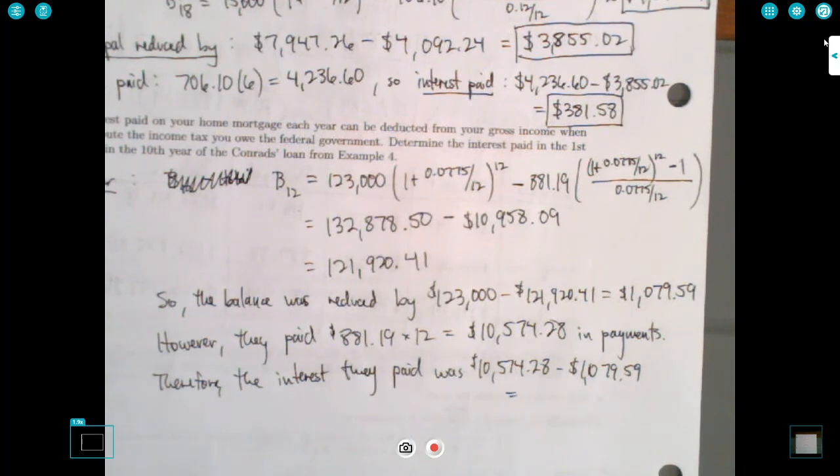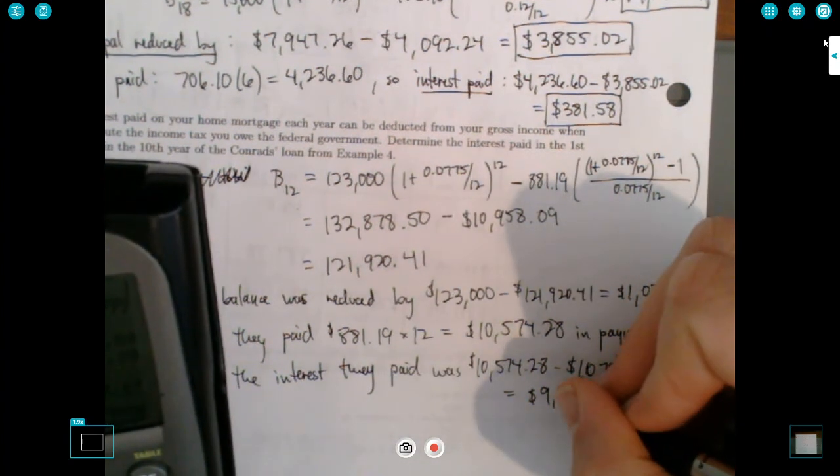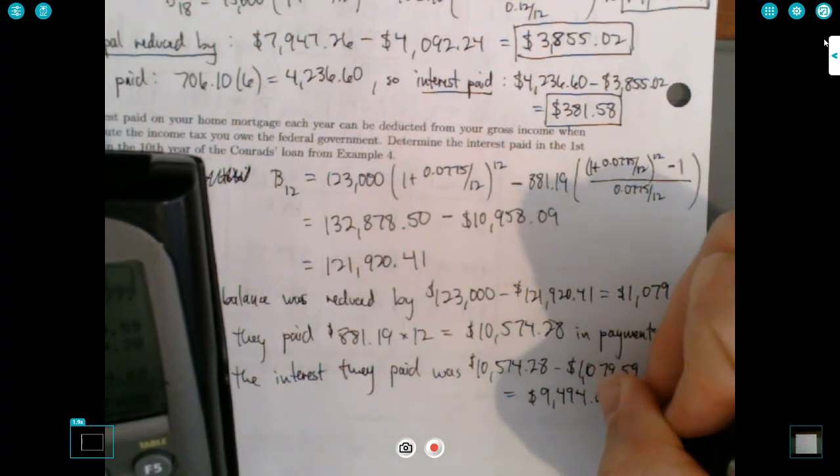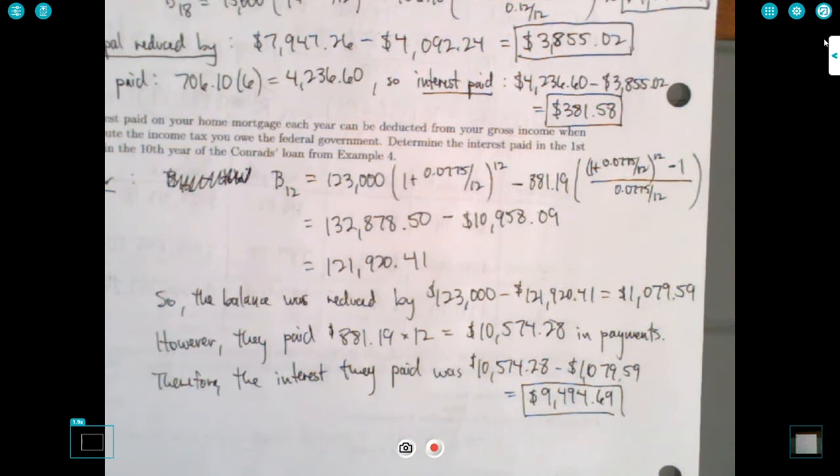So 10,574.28 minus 1,079.59. That comes out to $9,494.69. Wow. So that's how much interest they paid toward their home loan.